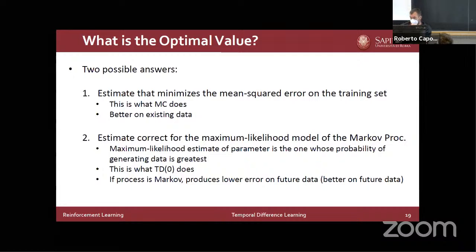This is also obvious from what we have seen before: if you do the update step by step, you are already expected to behave better in the future compared to Monte Carlo methods that just rely on full trajectories.